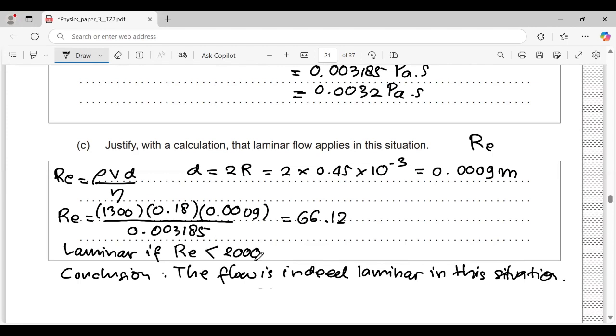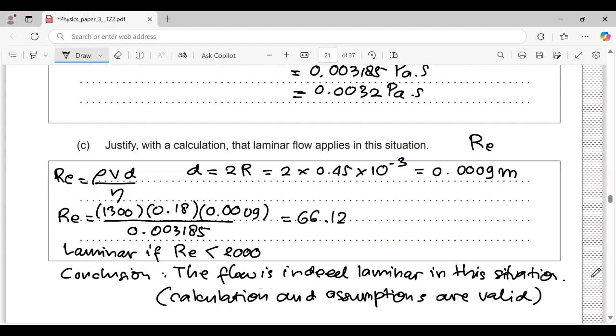So if the flow is indeed laminar in this situation, it means the assumptions and all the calculations we have made are valid.